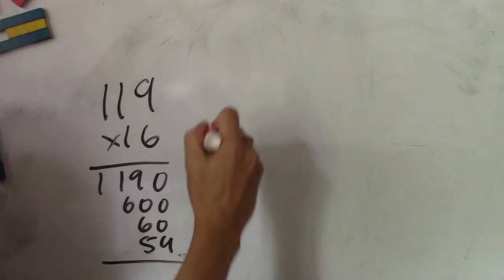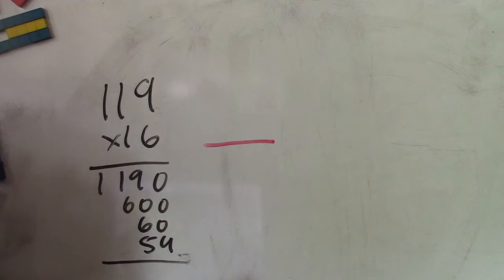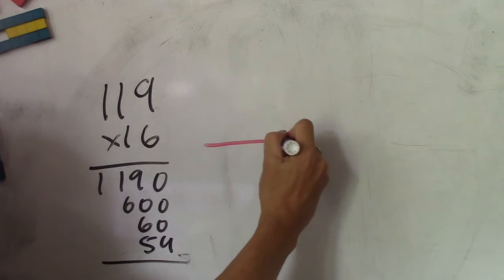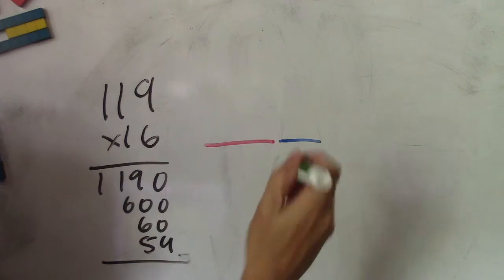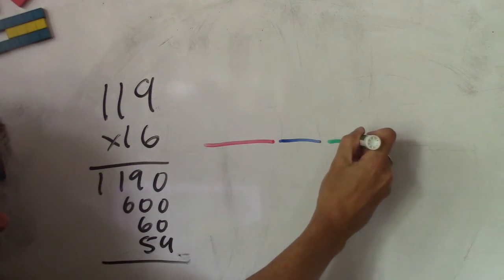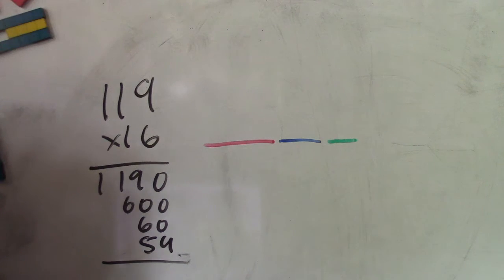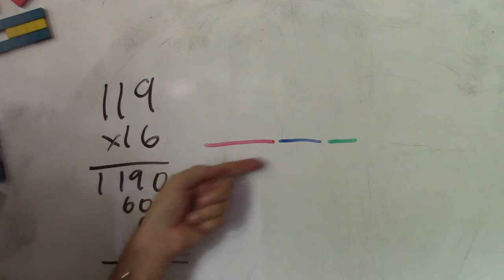So 100 strip. Okay. And then 110, and 9 units. This is 9 of them. I'm not going to do 1, 2, 3, 4, 6, 7, 8, 9. I'm just going to do a rectangle. All right, then what? So I went over 119.